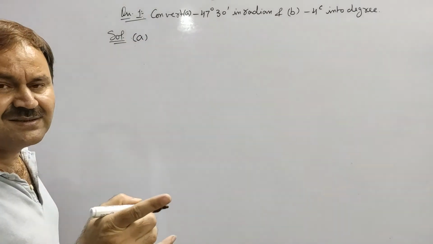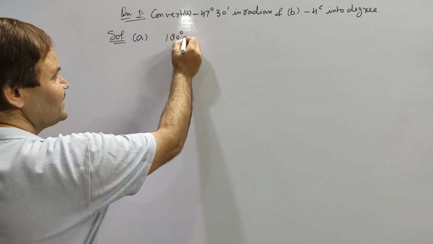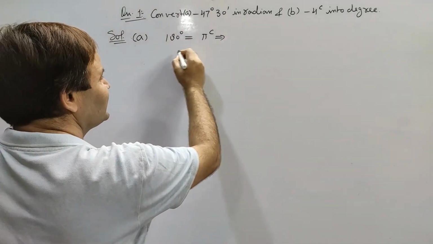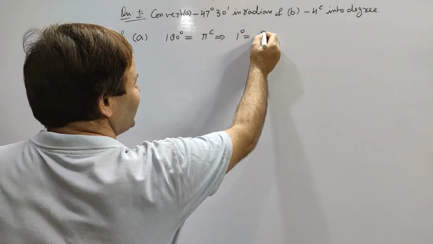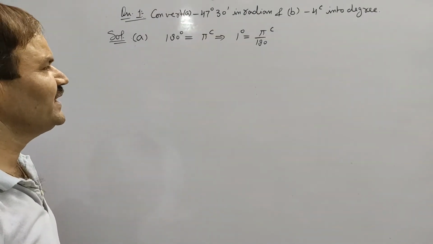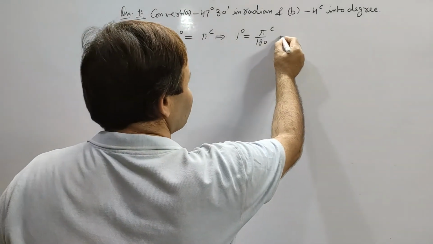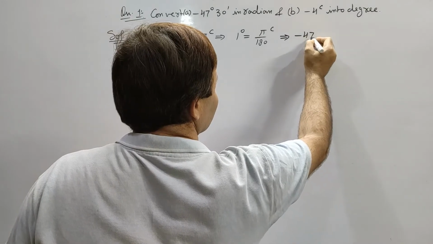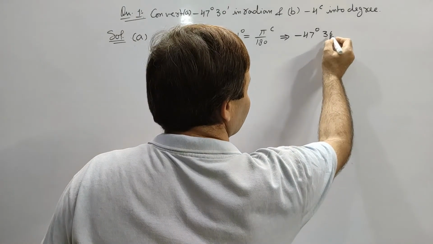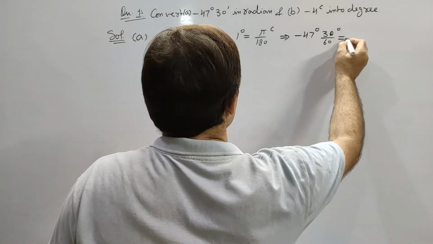180 degree is equal to pi radian. Since 180 degree is equal to pi radian, this implies 1 degree will be equal to pi by 180 radian, and we want to find out minus 47 degree 30 minute.